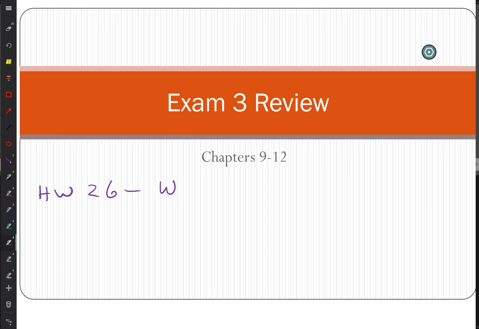Second thing, and a student wrote this on the last test, that work was force cross distance. That is definitely incorrect. Work is force dot distance. There is a very distinct difference between those two. The cross product means you're multiplying perpendicular parts.